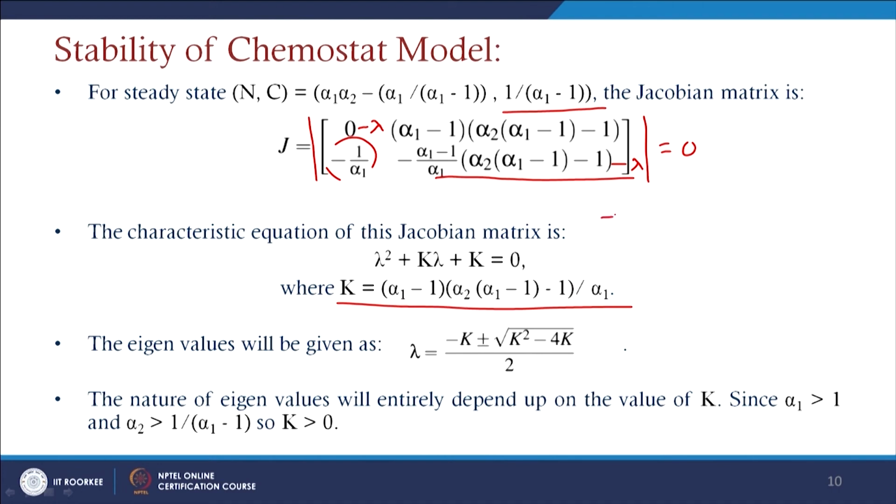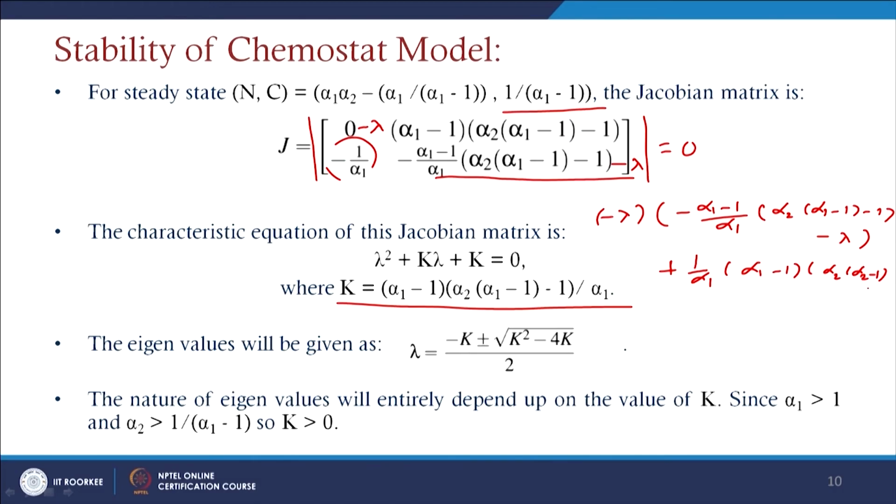That means minus lambda into, you can write, minus alpha 1 minus 1 by alpha 1 into alpha 2 into alpha 1 minus 1 minus lambda. So, minus this will give you plus 1 by alpha 1 into alpha 1 minus 1 into alpha 2 into alpha 2 minus 1, this equals 0, and from this you can get this equation.